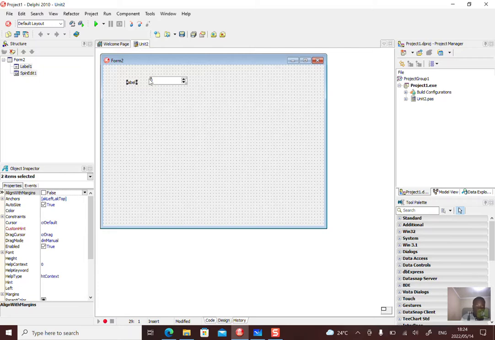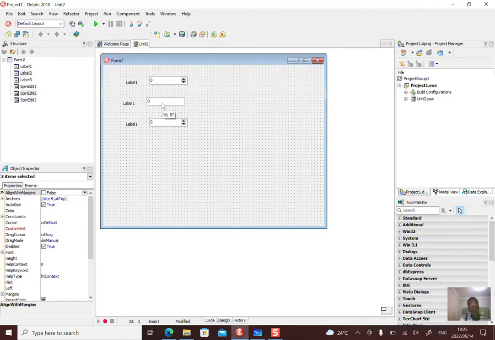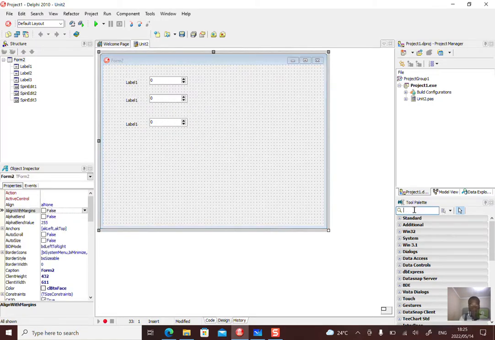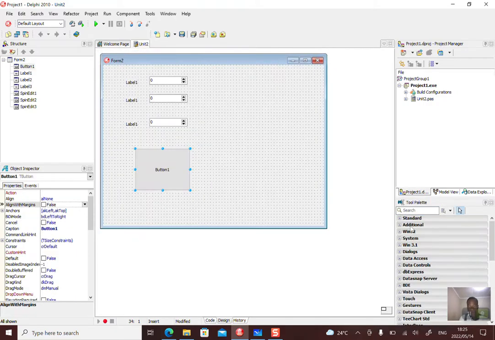So we have to make it look very presentable so that the user doesn't feel like your program has nothing to do with them. It has to be user friendly. So over here, this button is too big, so let me just make it small.